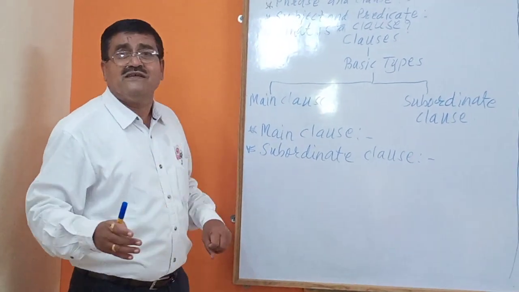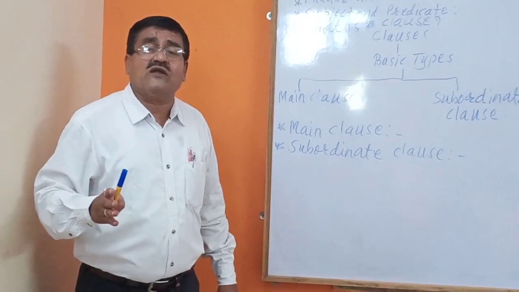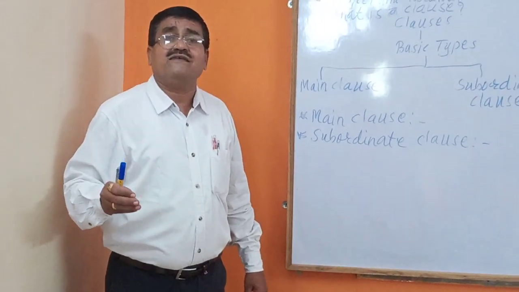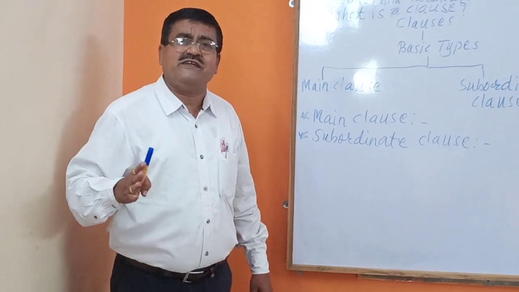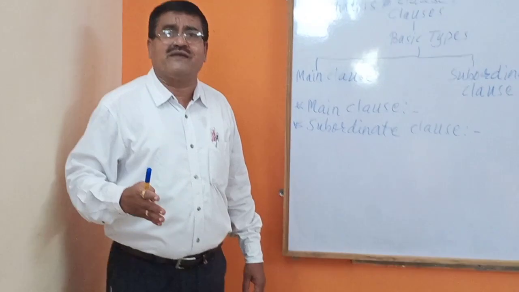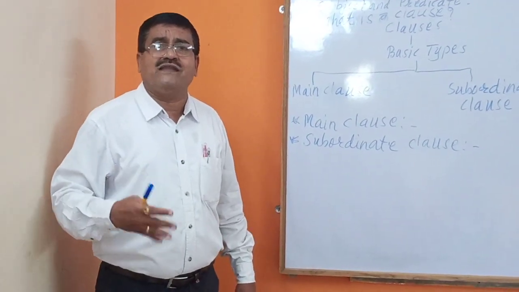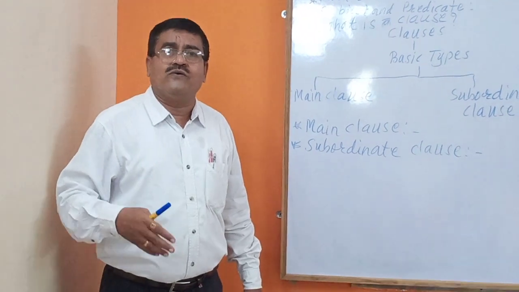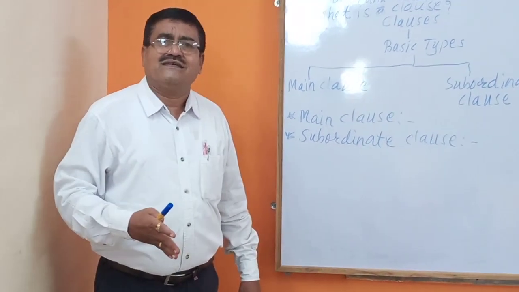And let me tell you, in the complex sentences, mostly the subordinate clauses are connected or joined with subordinating conjunctions. A number of subordinating conjunctions are there. Who, when, wherever, whoever, because, since, till, until, if, unless, though, although, than, as, so that.